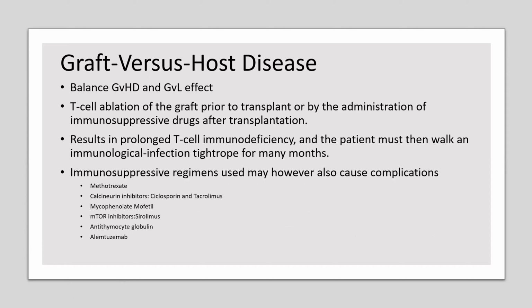So obviously, it's a balance between the graft versus host disease and the graft versus leukemia effect, and we use immunosuppressive agents to try and balance this. And these immune suppressive agents themselves cause problems. So I think Linda will be talking about some of the complications of immunosuppressive agents that we use, but some of the commonly used ones are the calcineurin inhibitors, methotrexate, MMF, ATG, and alemtuzumab or Campath.